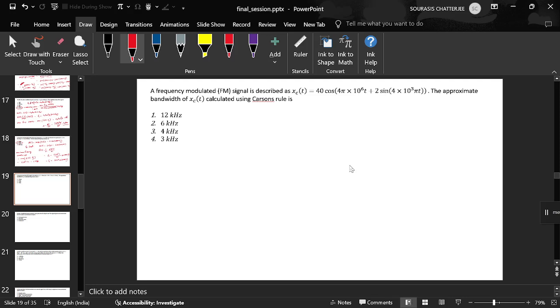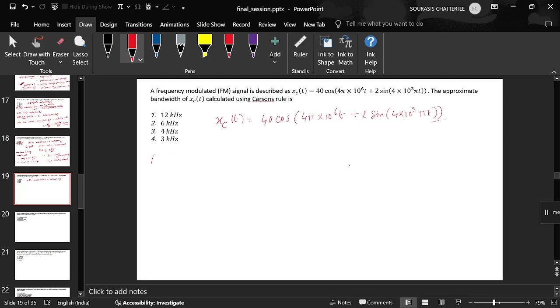Next we look at the frequency modulated signal again, and this question asks about the approximate bandwidth calculated using Carson's rule. Carson's rule is kind of important, so let me write the question first: 4 pi into 10 to the power 6 t plus 2 sine 4 into 10 to the power 3 pi t.